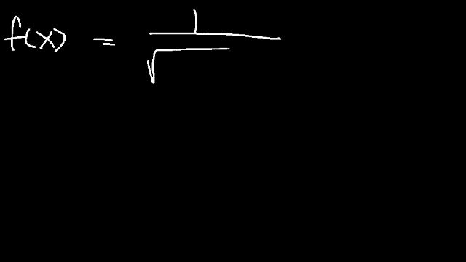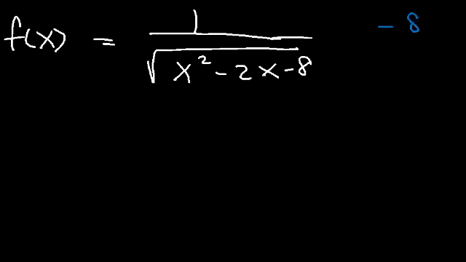Now let's try another one. Let's say it's 1 divided by the square root of x squared minus 2x minus 8. What is the domain for this particular function? Now, just like before, we need to factor the expression. So what two numbers multiply to -8 but add to -2?